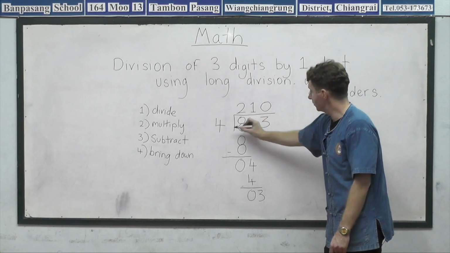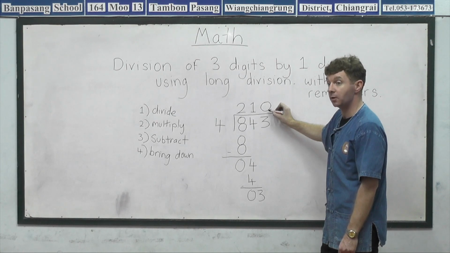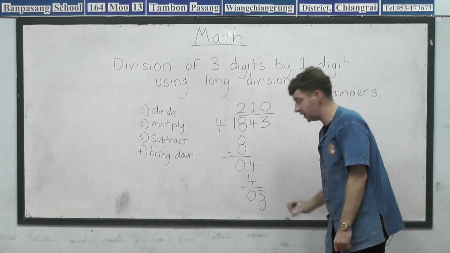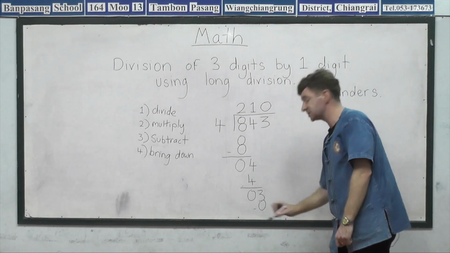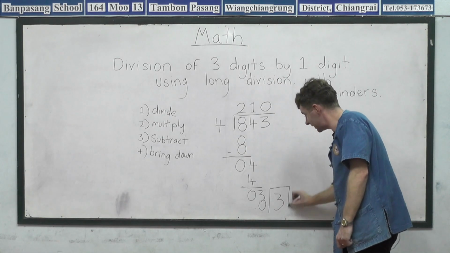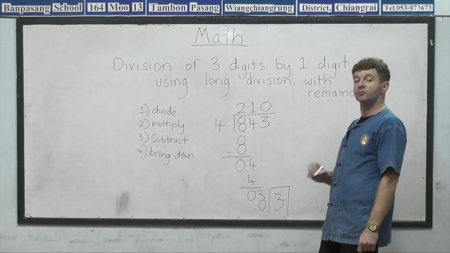So now, 4 times 0 equals 0. 3 minus 0 equals 3. This means we're left with this number. We're left with the 3. So what does 3 become?